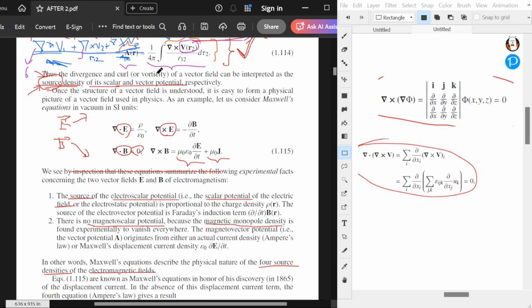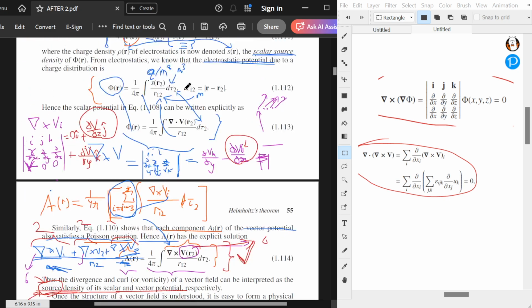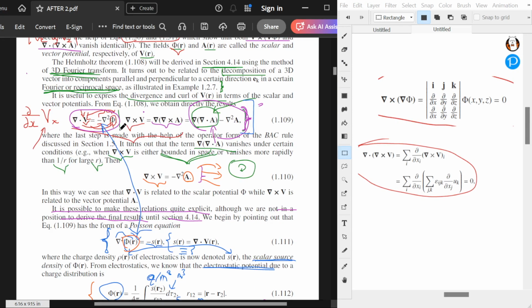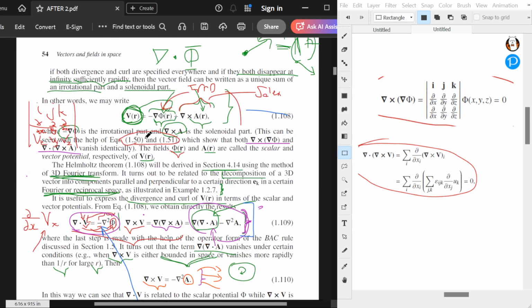What does the source have to do with this again? It can be interpreted as the source density of its scalar and vector potential. And what is the scalar vector potential?